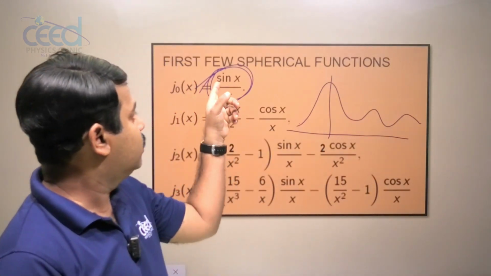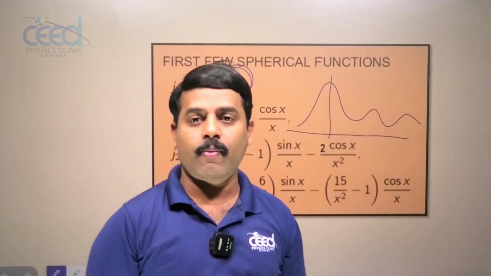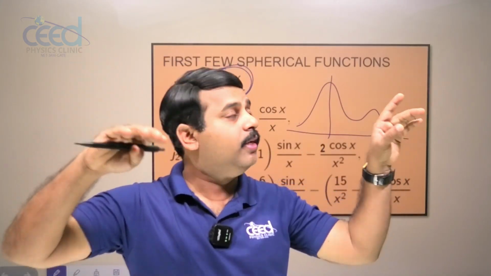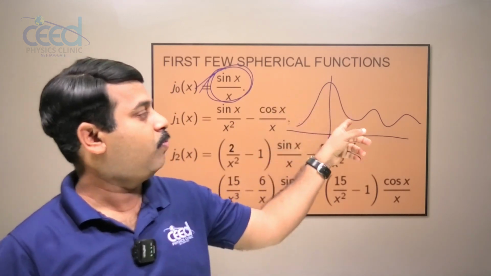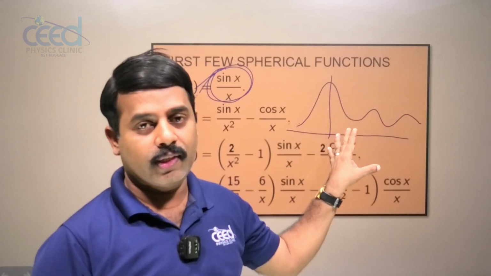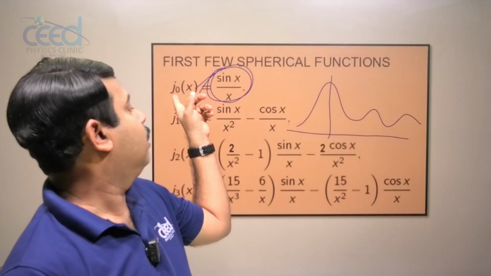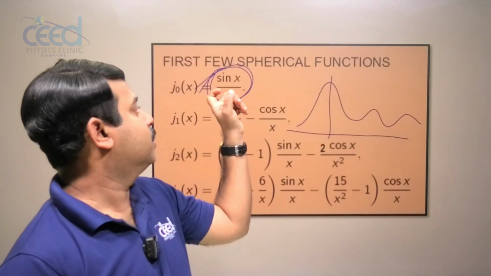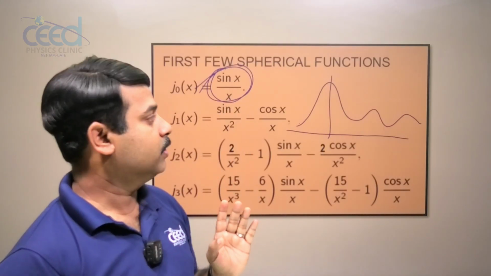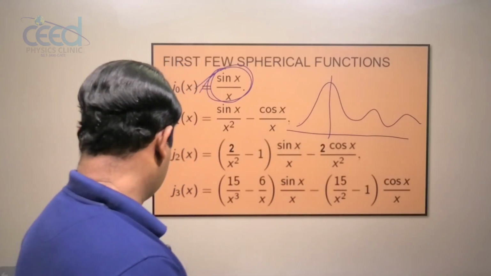So the sin x by x graph is like this, the intensity distribution of diffraction. The intensity distribution of diffraction is like this only. That graph represents this spherical Bessel function, the zeroth Bessel function, that is sin x by x. So that graph shape is this.